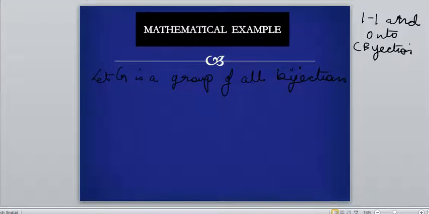You have studied this in small classes. The functions will be from R to R, making this example really small for you to understand. So G is the group of all bijections from R to R, and there will be a binary operation.